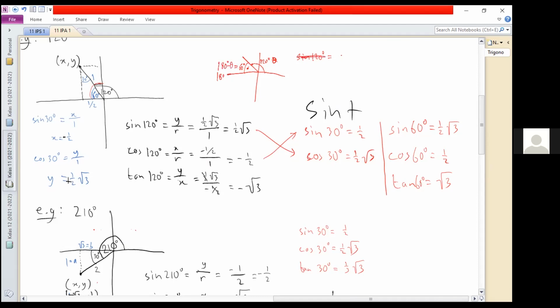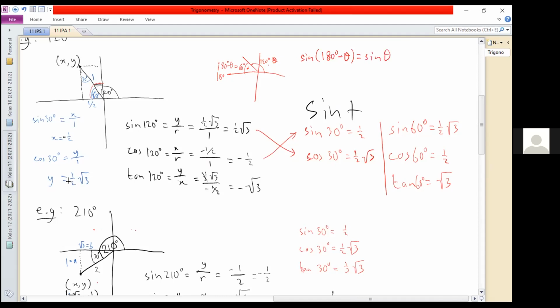Then you will get the sine of 180 minus theta is equal to sine of theta, in the second quadrant.